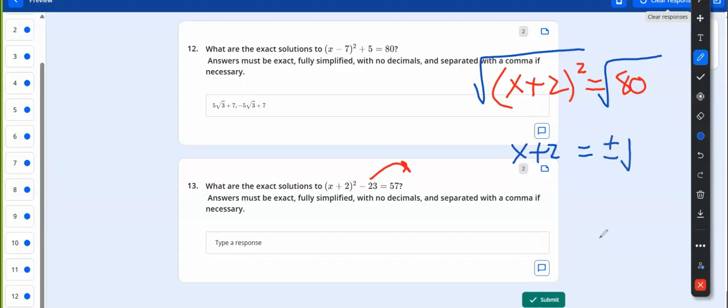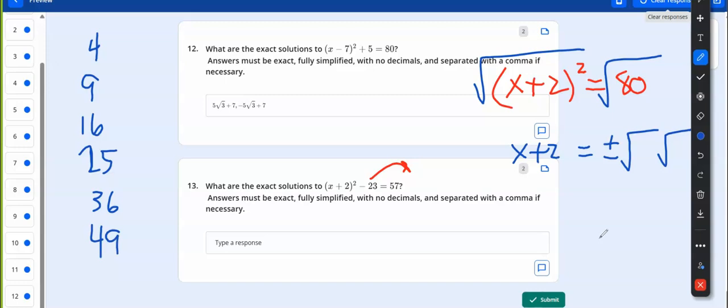Plus and minus. Now we're going to break this up into perfect squares again. In our list, 4, 9, 16, 25, 36, 49. What's the largest number in this group that goes into 80? Has to go in perfectly.